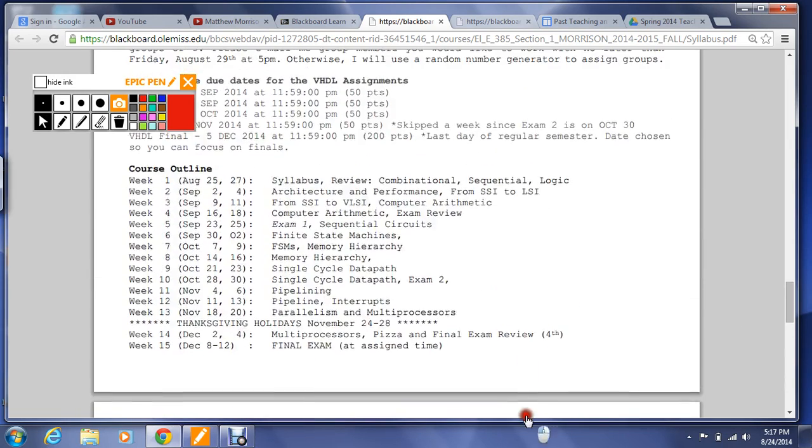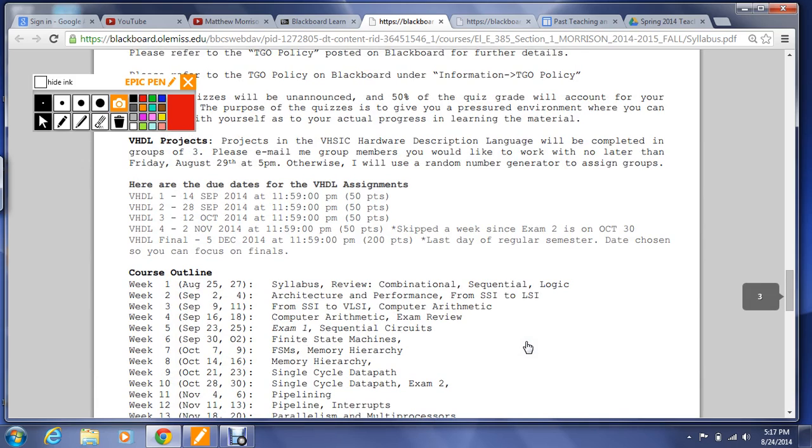I should mention I try my best to ensure that I'm not inundating you with work. So I made this due November 2nd because exam 2 is on October 30th. If I had assigned it the Sunday before, because I was trying to go every other week, then you'd be doing that while focusing on your exam.